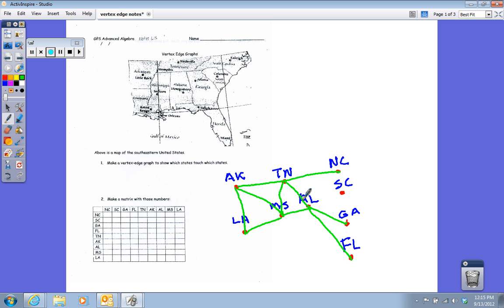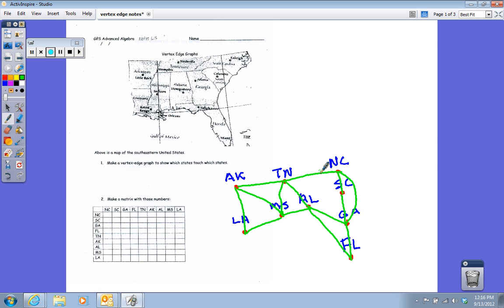We've already got Tennessee here. North Carolina shares a border with South Carolina. South Carolina with Georgia. Georgia shares a border also with North Carolina. Got the Alabama. Georgia and Florida share a border. And I think I have all the connections.